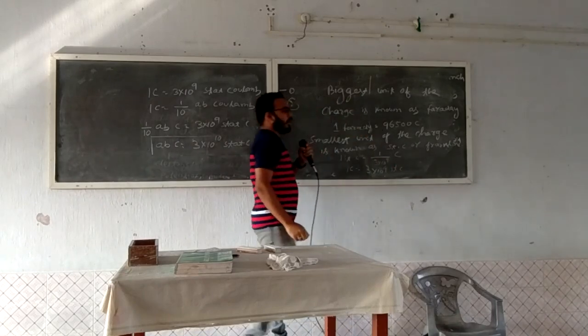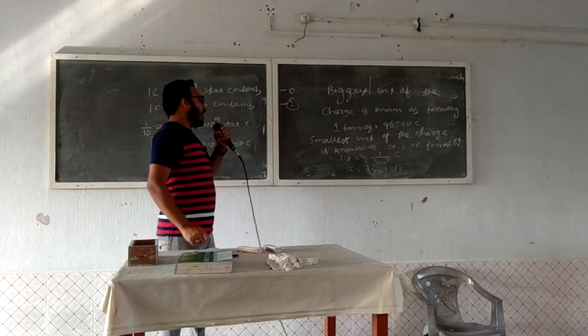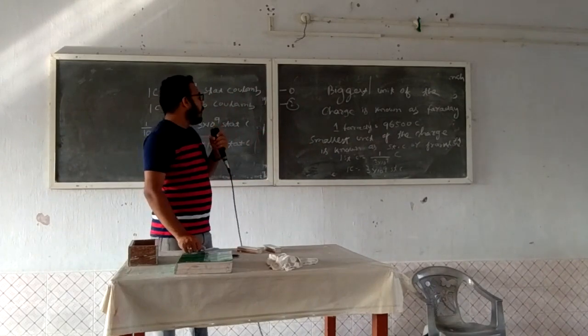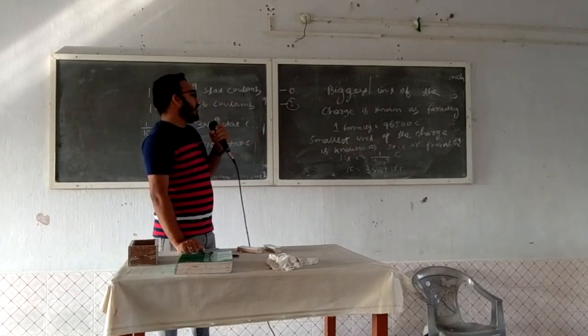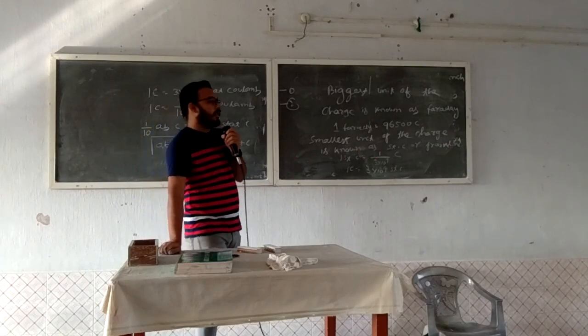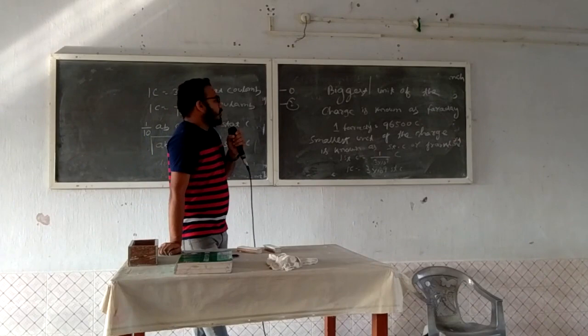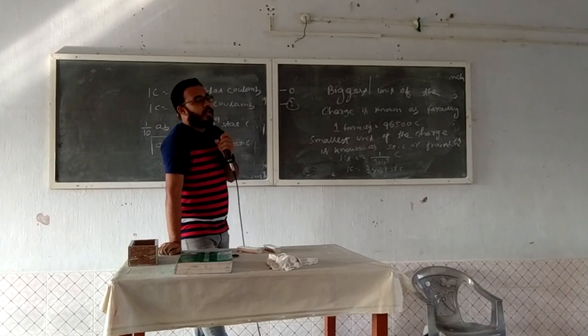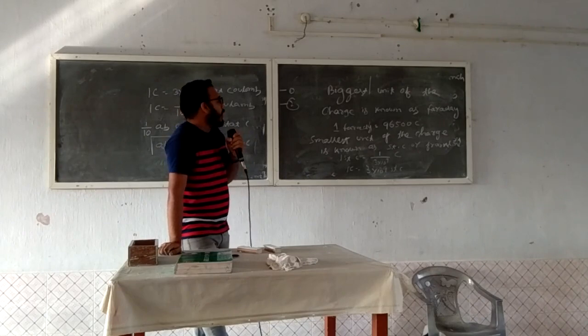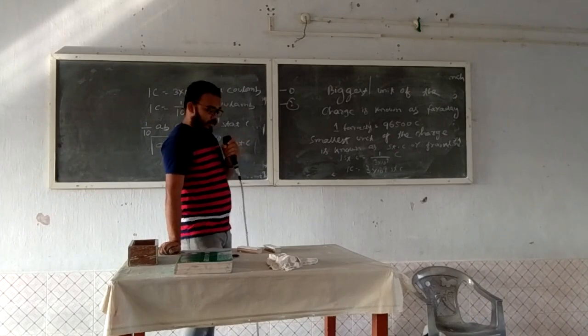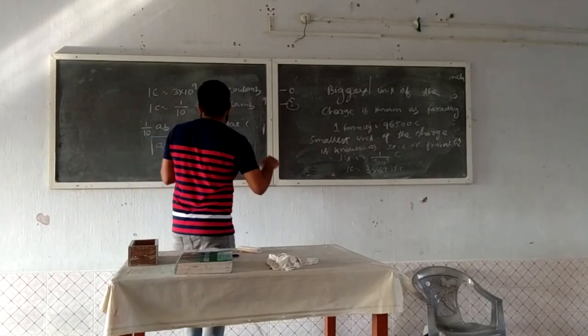Yes or no? Then we can derive now what is the relation between the largest unit and the smallest unit of the charge. So here the biggest unit of the charge is known as Faraday and the smallest unit of the charge is known as Franklin. What is the relation between the Faraday and the Franklin? Now derive.